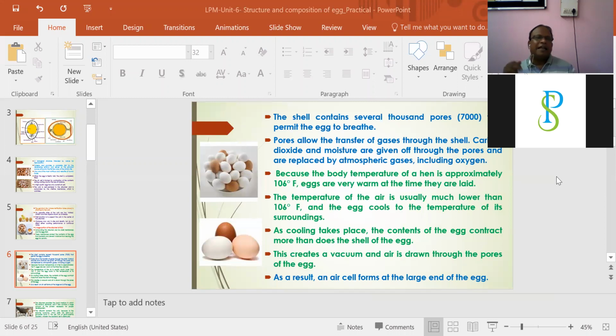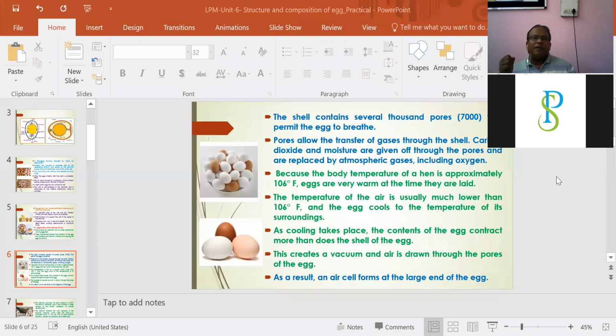The pores allow the transfer of gas through the shell, from outside to inside of the egg and from inside to outside. Carbon dioxide and moisture are given up through these pores and replaced by atmospheric gas, like oxygen, for respiration of the embryo.